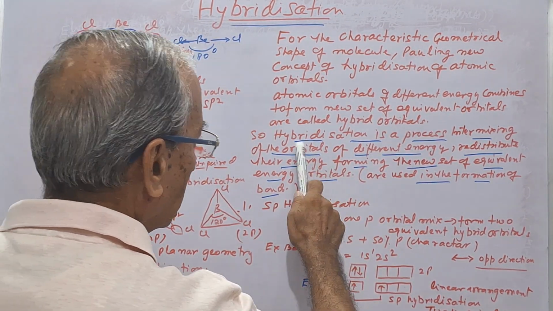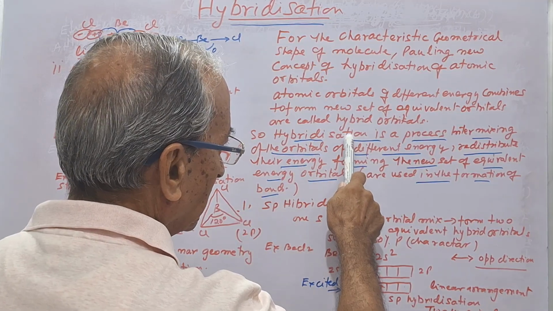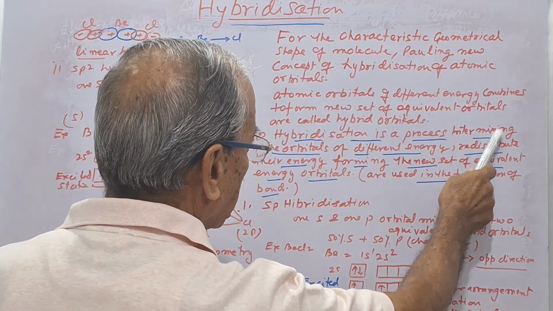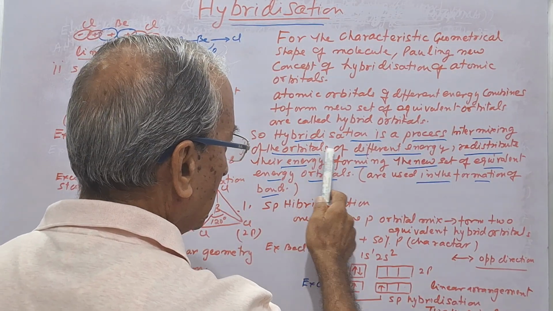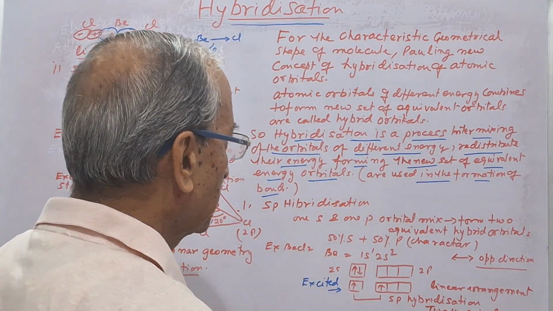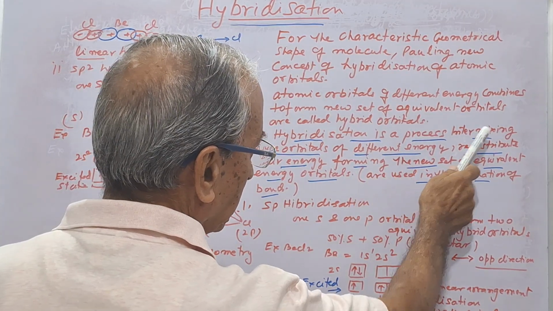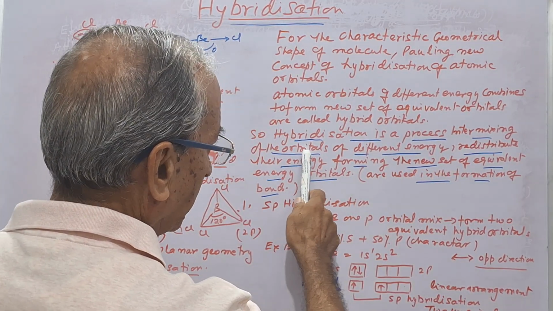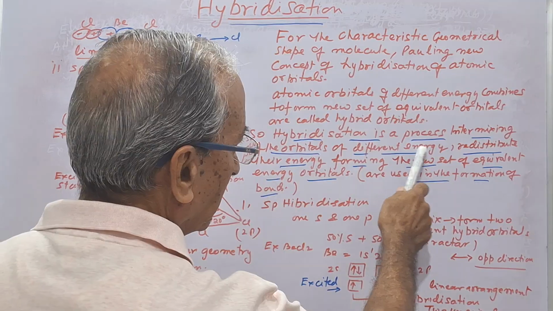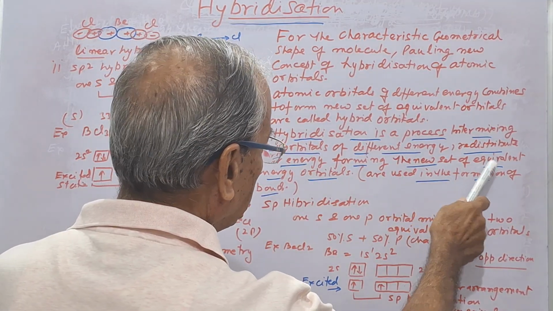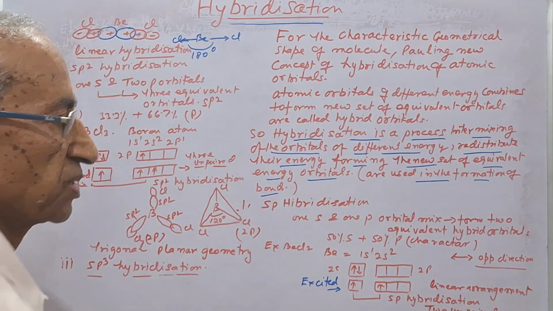So hybridization is a process of intermixing orbitals of different energy. Listen, hybridization is a process of intermixing of orbitals of different energy, which redistribute their energy, forming a new set of equivalent energy orbitals.